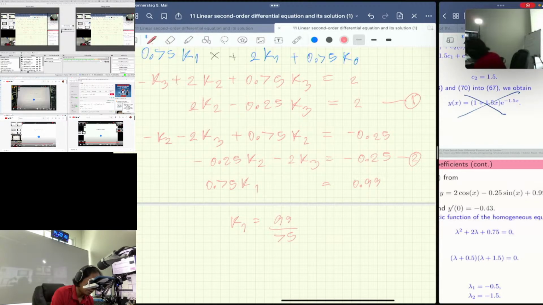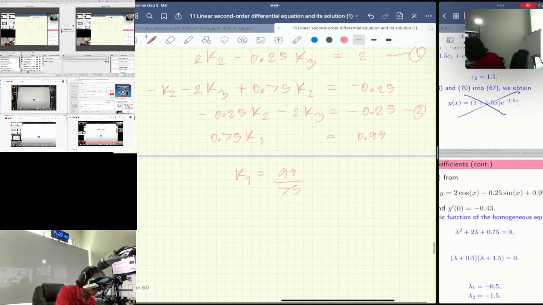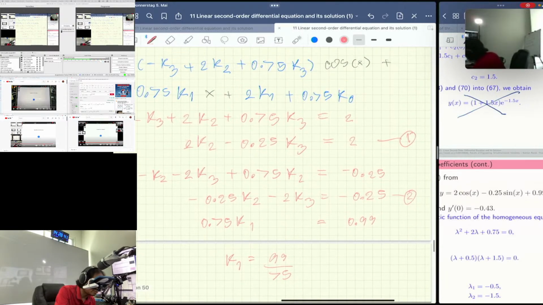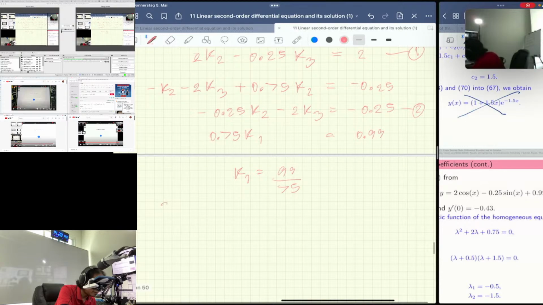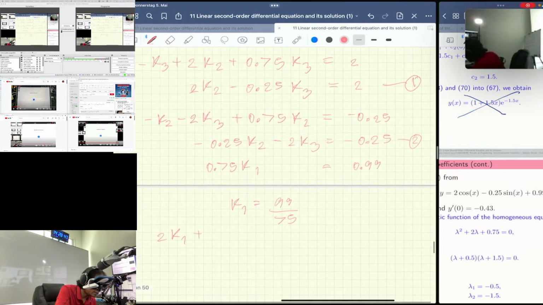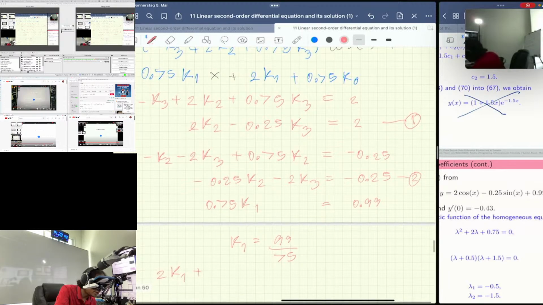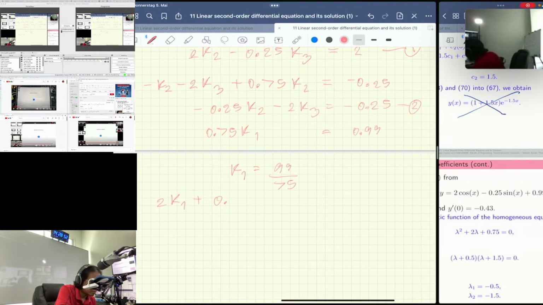And in the last term, the constant term, we have 2k1 plus 0.75 k0 equal to 0, right? So k0 will be negative 2k1 divided by 0.75.